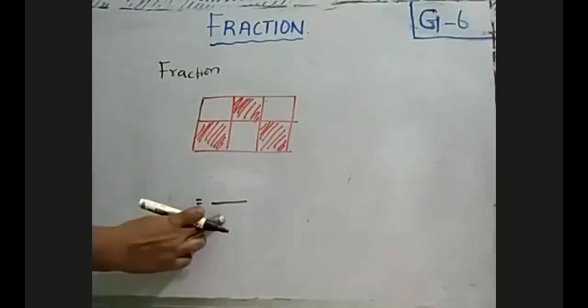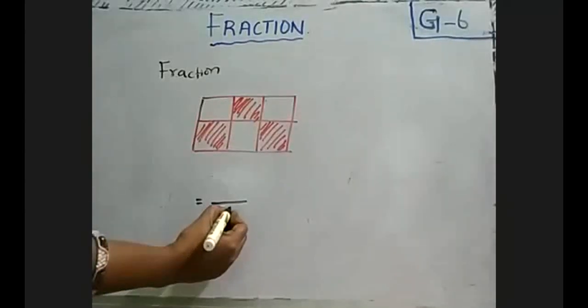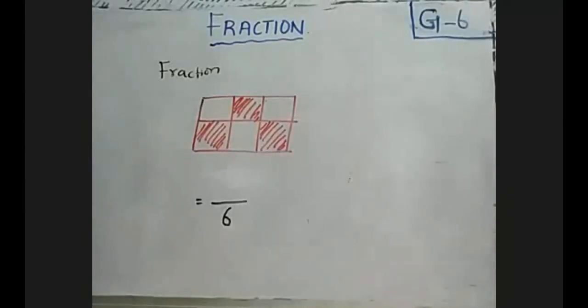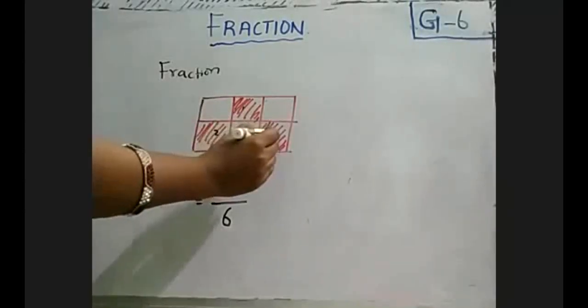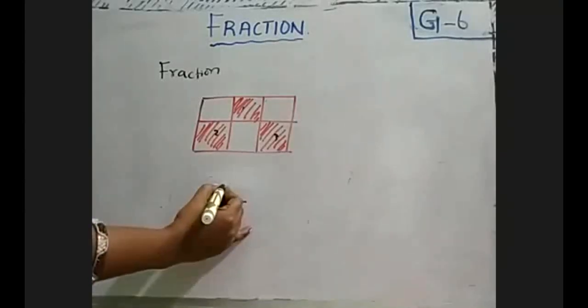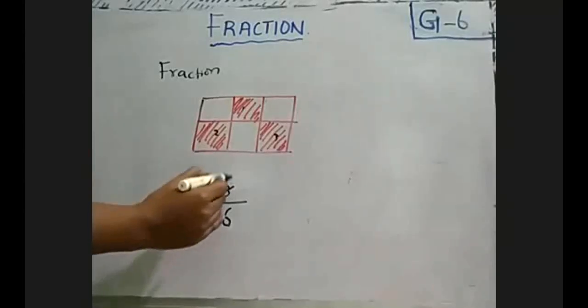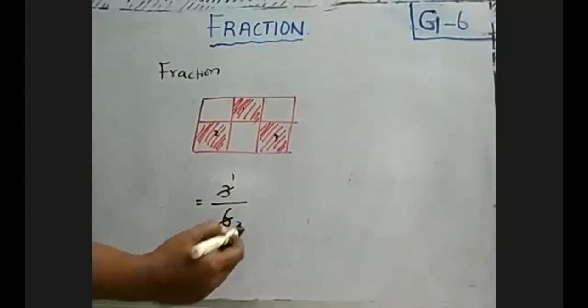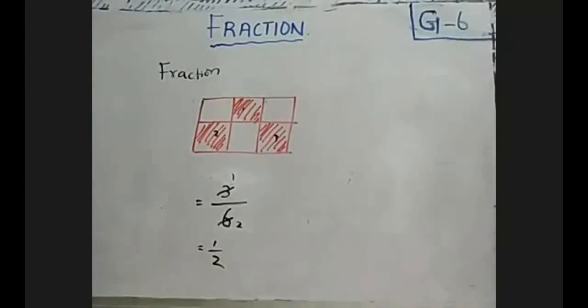So in the denominator, total 1, 2, 3, 4, 5, 6. So 6, you can write in the denominator. Totally 6 parts are there. In that, how many parts did they use? 1, 2, 3. So totally 3 they used, right? So 3 by 6. You can reduce it. 1 3s are 3, 2 3s are 6. So in this way, you can find the fraction.